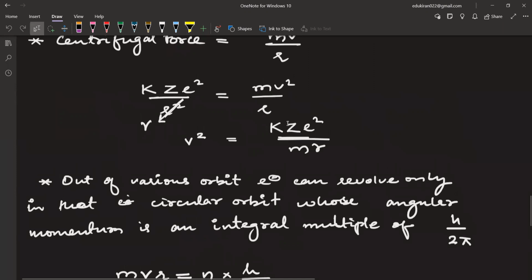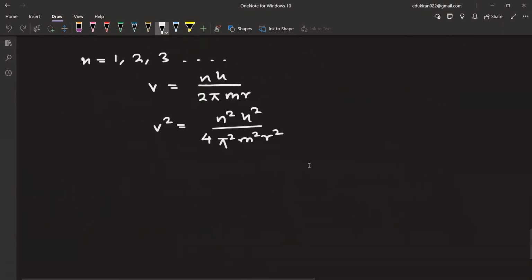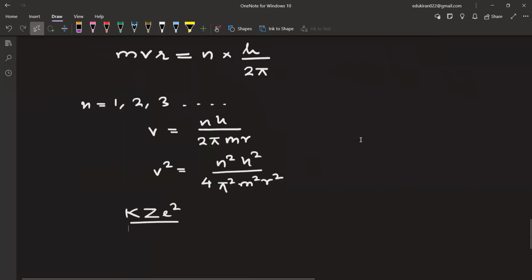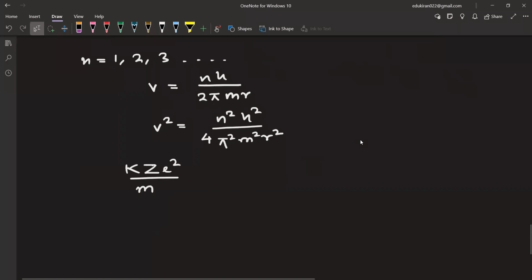So we can write K Z E square upon m r equals n square h square upon 4 pi square m square r square.